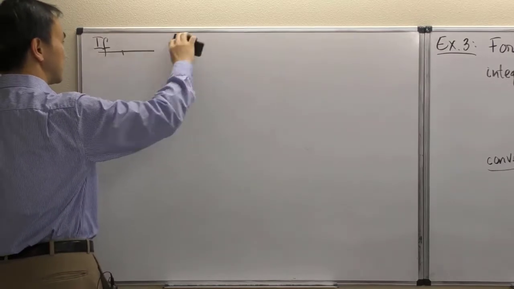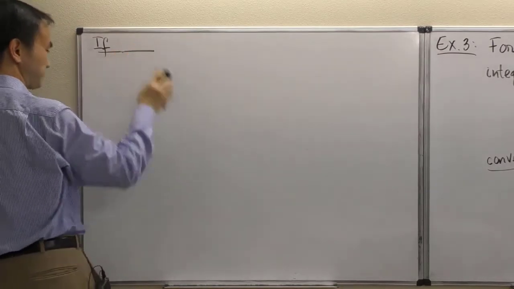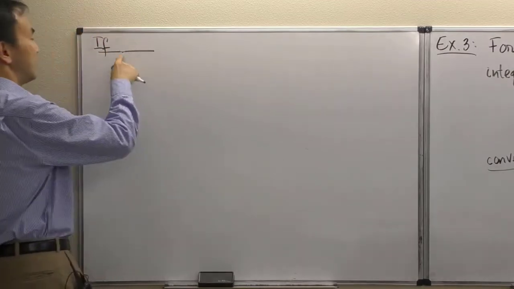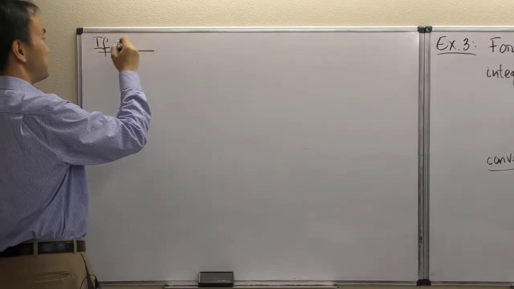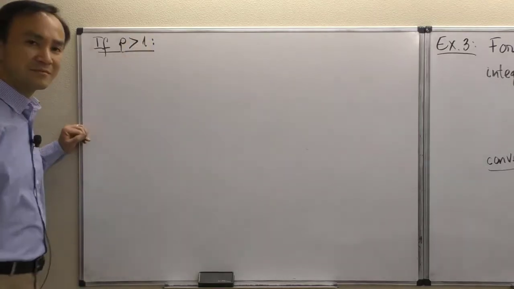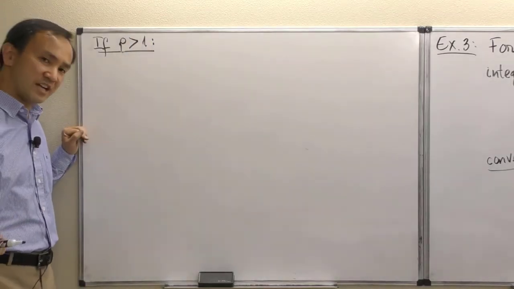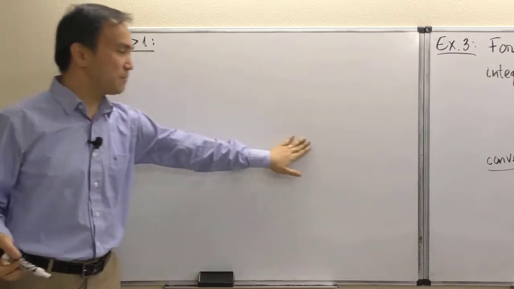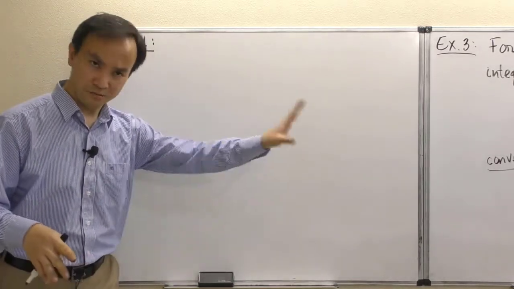So now there's the next case I'm about to consider. If p is greater than 1, let's see what happens. Let's specifically consider that case, and I will keep bringing in minor details as we go along.